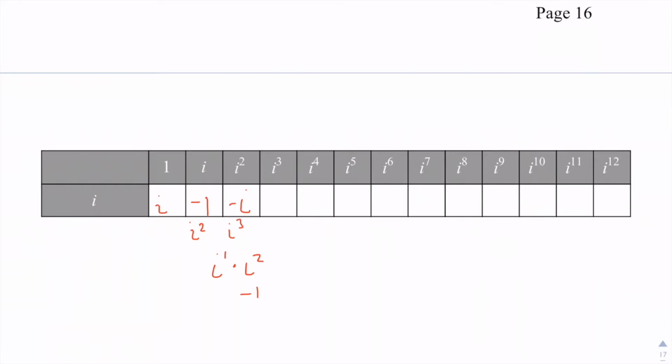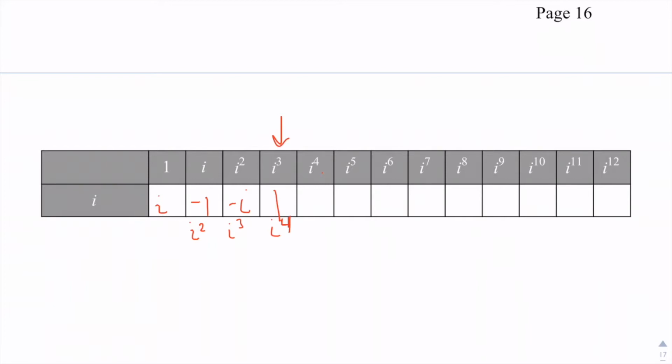And then this is going to give us i times i to the third, which is i to the fourth. We can break this into i squared times i squared, which gives us negative 1 times negative 1, which gives us a positive 1. And then we know that i to the fourth is equal to positive 1.